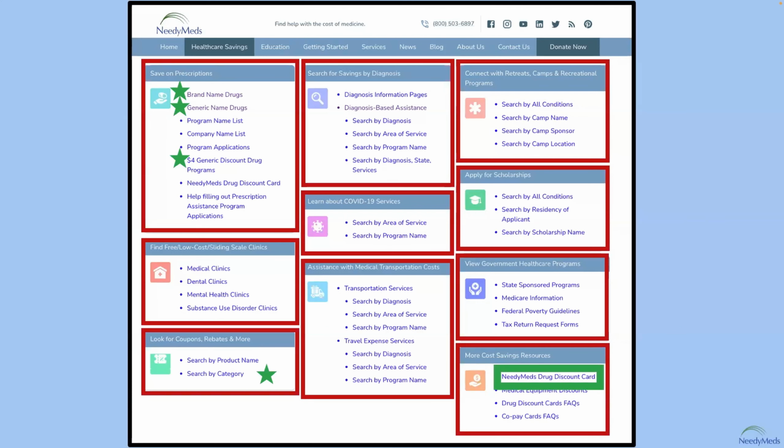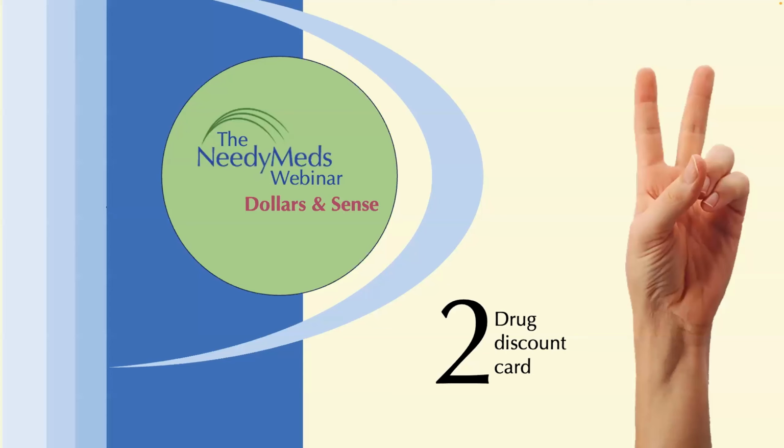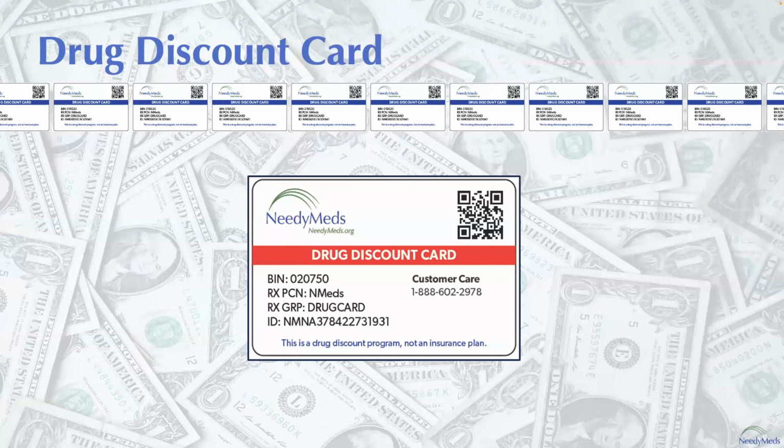So, okay, the NeedyMeds drug discount card offers users that are not using insurance a way to save or lower the cost on the price of their medications. The user simply takes the card to the pharmacy with the prescription to save.